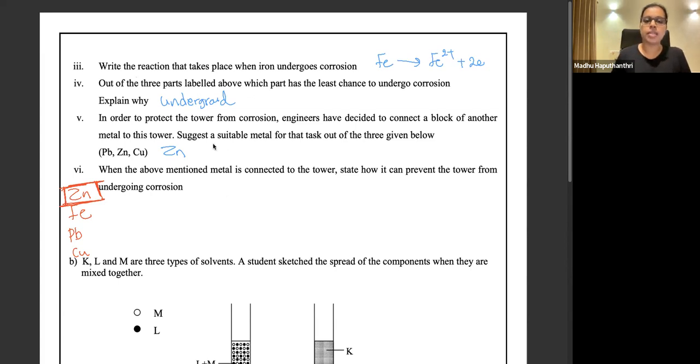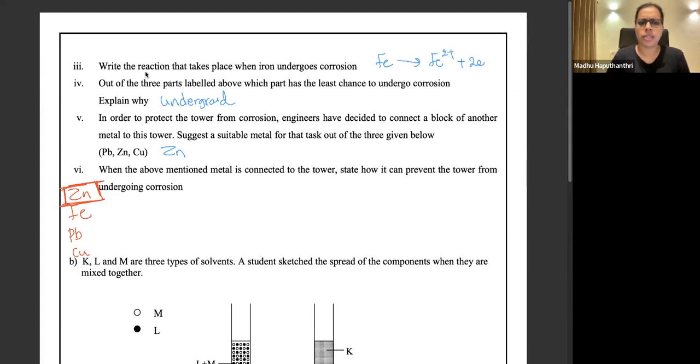Yes, it is acting as a sacrificial substance. Correct. Sacrificial protection is that. Anodic protection is also the same thing. Actually, that is not the anodic protection.